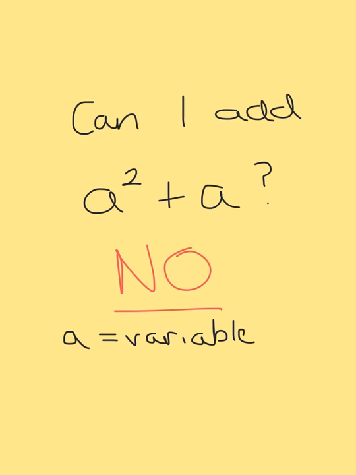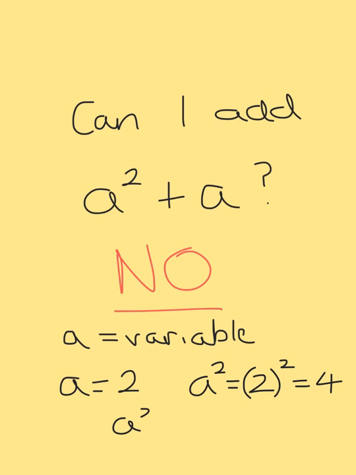So if we were to look at a as a variable and a was the number 2, well then a squared is going to be 2 squared, which we know is equal to 4. That means that a squared and a are not like terms.